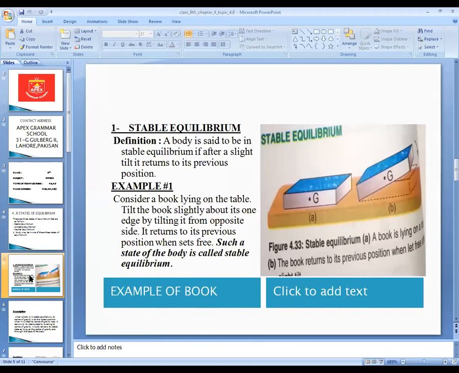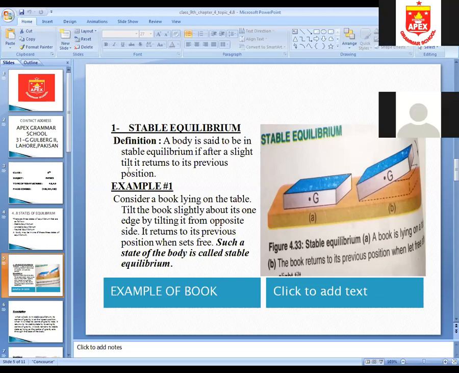Then we discussed the first state of equilibrium, which is called stable equilibrium. The definition is written in the pink box of your textbook: a body is said to be in stable equilibrium if after a slight tilt it returns to its previous position.